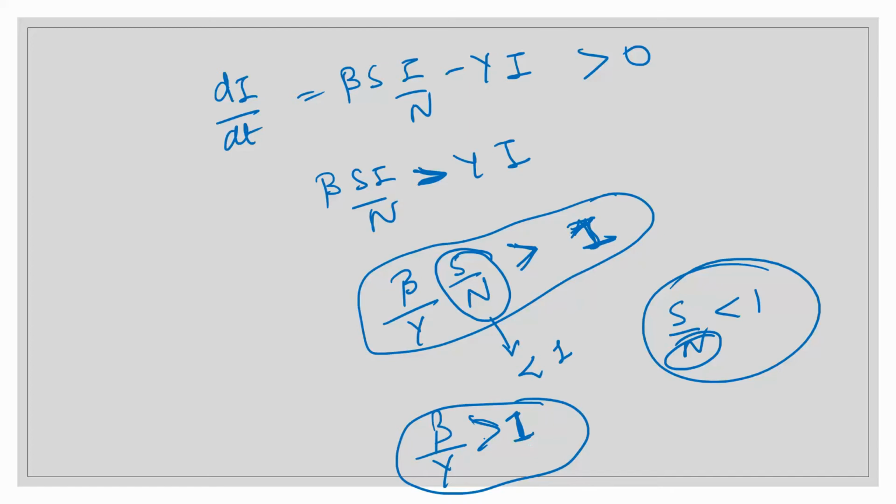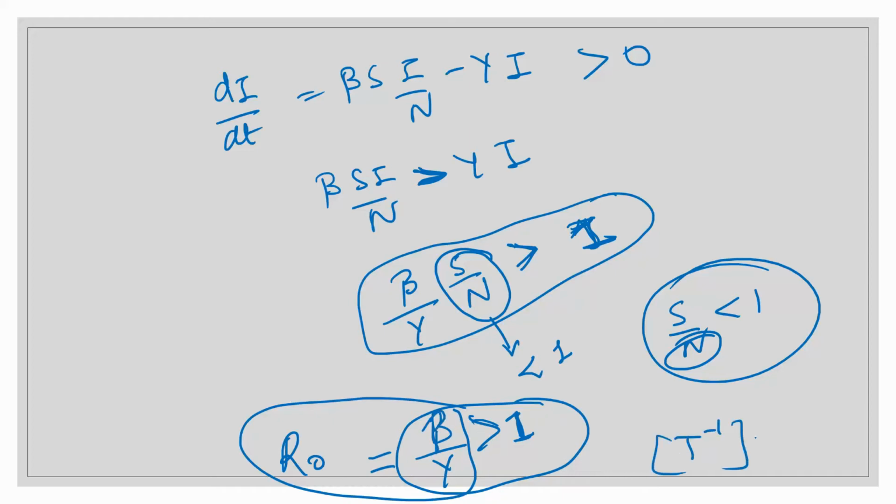This gives us an important number that is called the reproduction number. Now you can see that this number is dimensionless because these two are rates, and beta has the same unit as gamma. This gives you a dimensionless number. Now why is this number important?